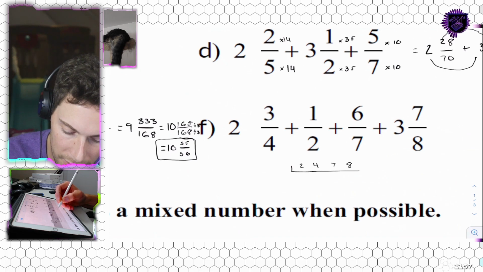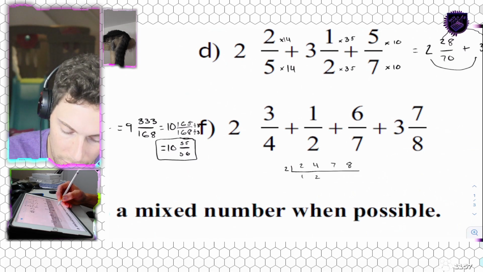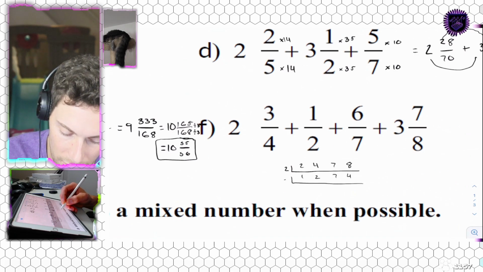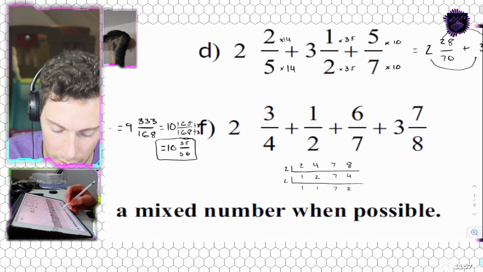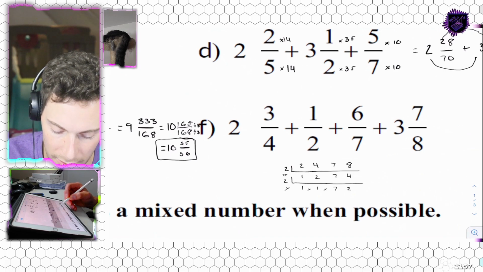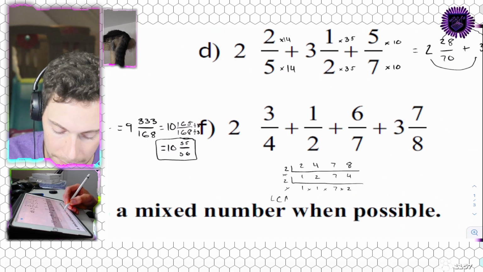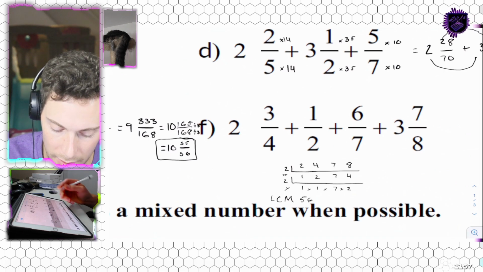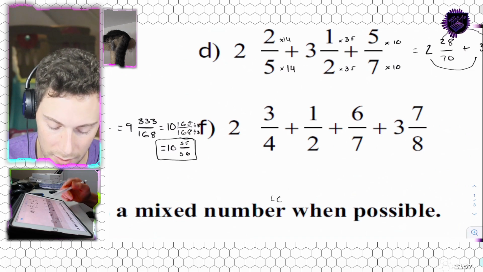The GCF for most of them is 2: 1, 2, 4, 7. Still 2: 1, 1, 7, 2. Now we're all primes. 2 times 2 is 4 times 1 times 1 is 4 times 7 is 28 times 2, 56. LCM 56. This is so much better. That last one was so hard.